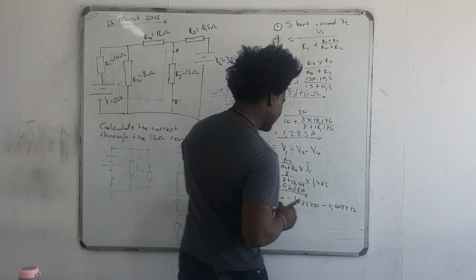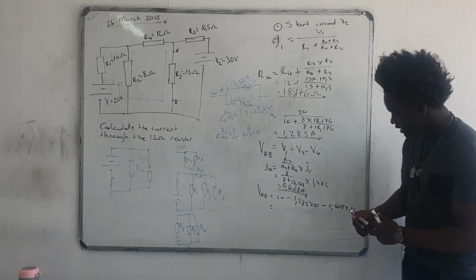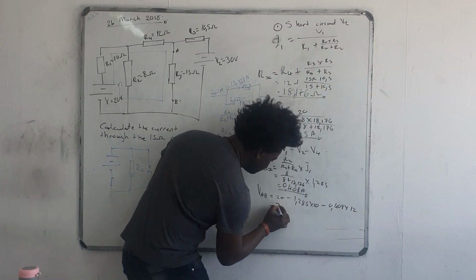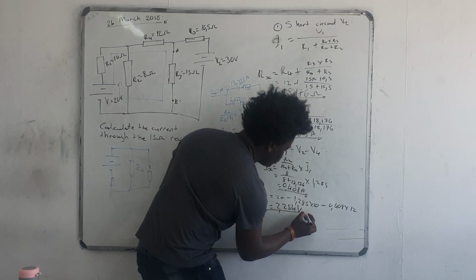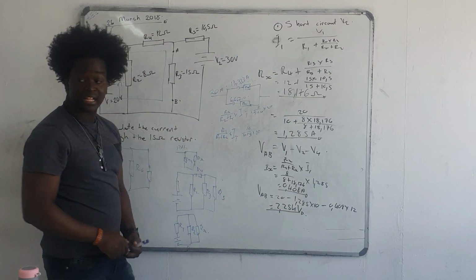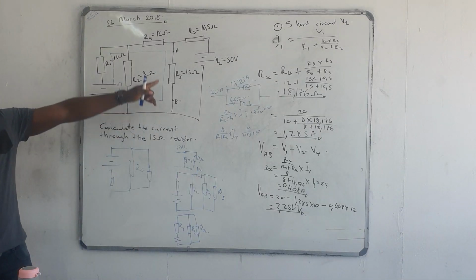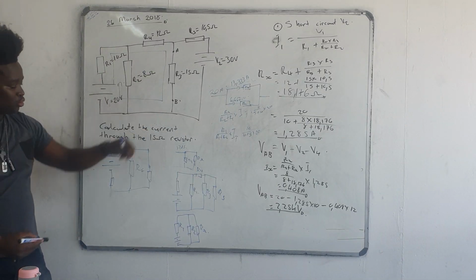What do you get as your answer? 2.254, I was slightly wrong. You get 2.254 volts, which is the voltage here at R3. That's now our VAB.